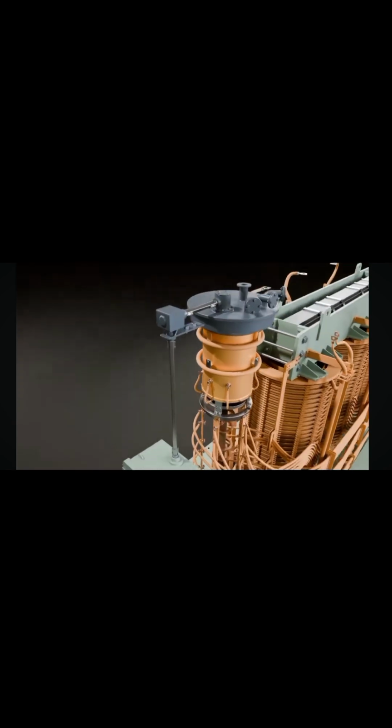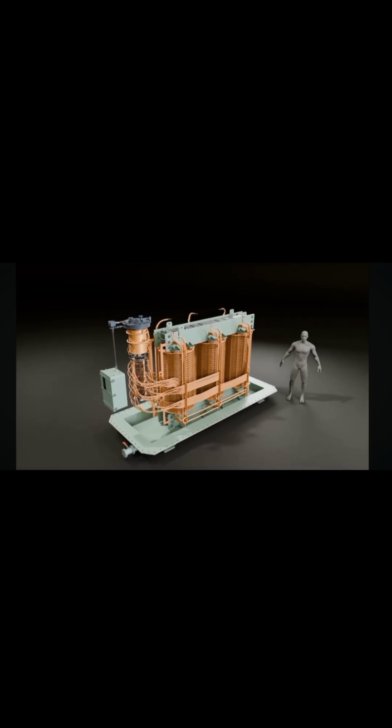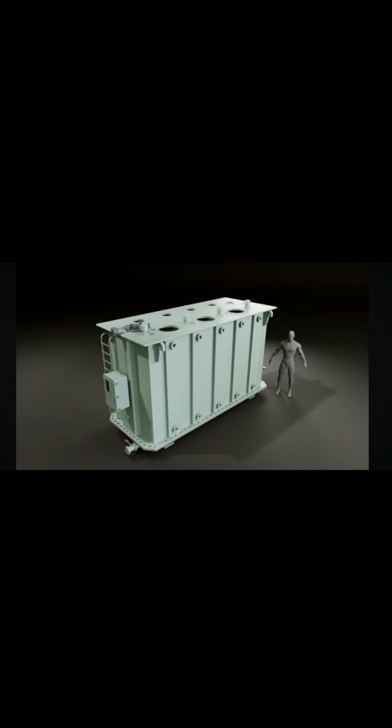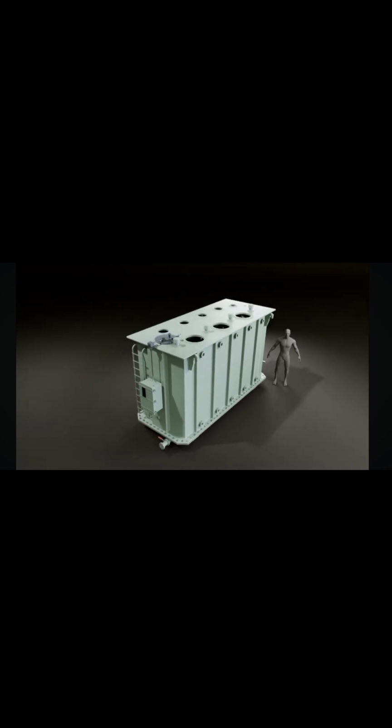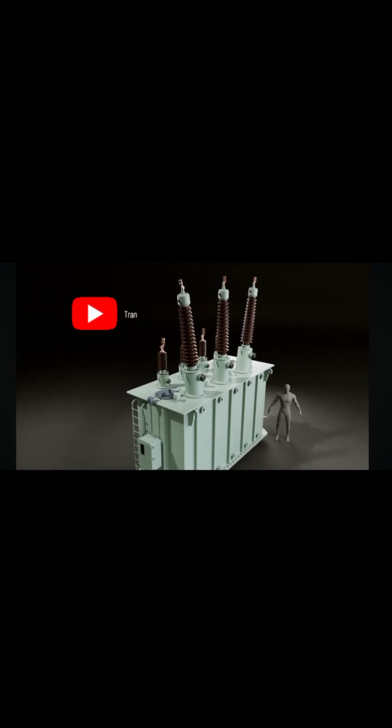All of these components, including the core, windings, tappings, and on-load tap changer, are enclosed within a sealed chamber known as the transformer tank. The terminals of the low-voltage and high-voltage windings are brought out of the transformer tank through bushings.